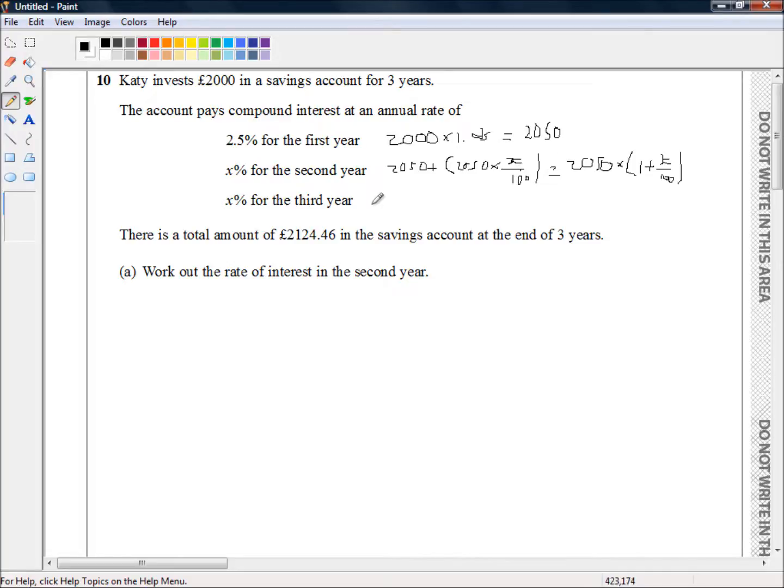So this time she's got 2,050 times 1 plus X over 100 squared. Okay, so we know that at the end of the 3 years, this amount that she's got is actually equal to £2,124.46. So all we need to do now is solve for X.